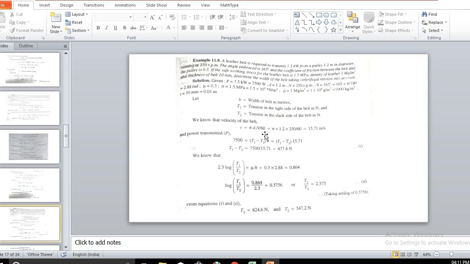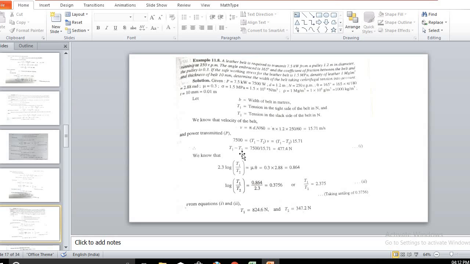And that tension value we calculate similarly to what we discussed in the previous example. By using the formula 2.3 log T1 by T2 is equal to mu theta, and the power formula, P is equal to (T1 minus T2) into V, we get the relation between T1 and T2.